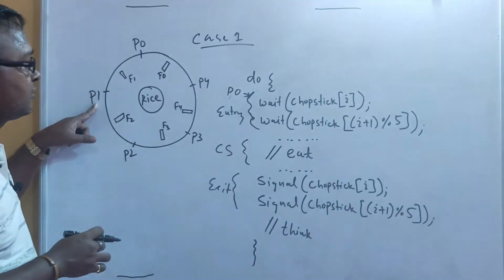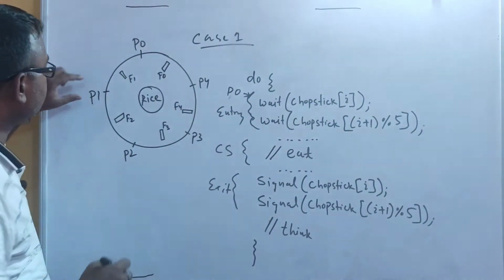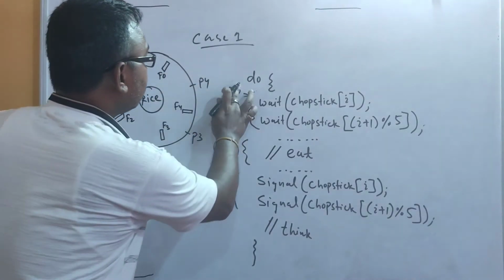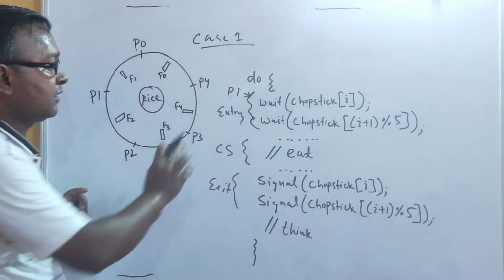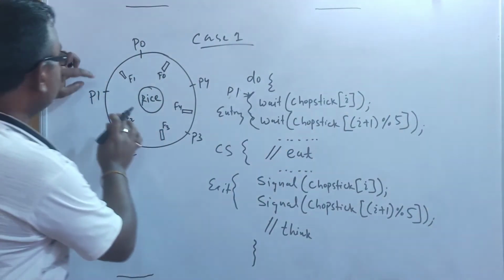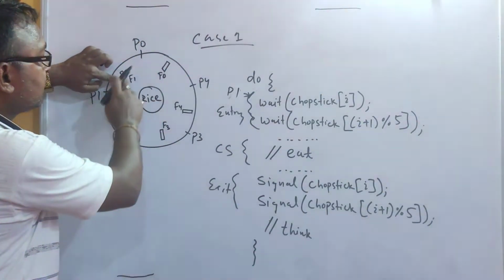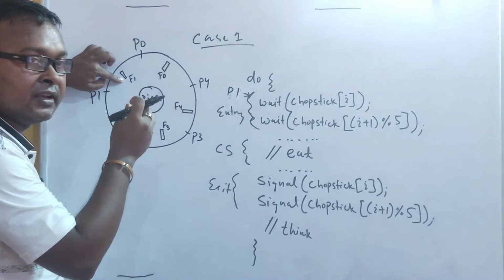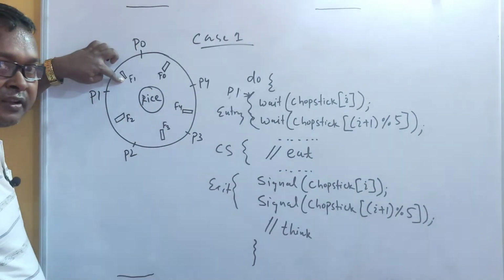So now P1 wants to enter and eat the rice, then what does it need to do? P1 comes and executes this line of code, wait chopstick I, that means P1 wants F1 and F2. F1 is already available, P0 has completed his eating and put the fork back on the table.